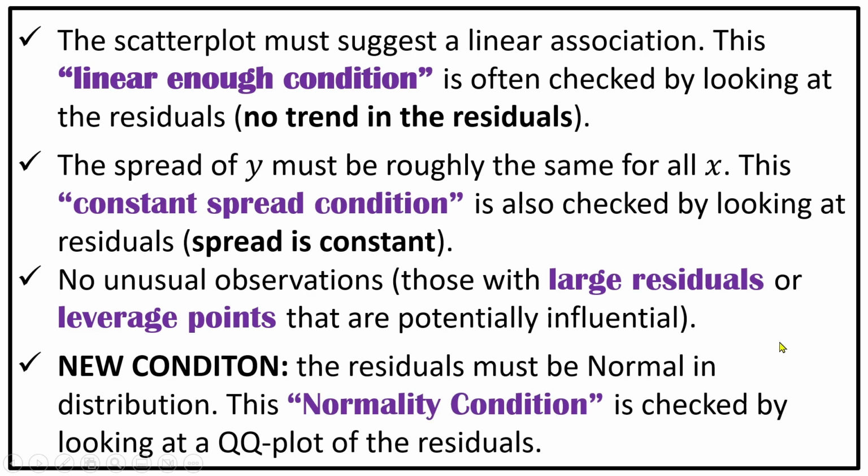And then the new condition, which is something you didn't talk about in 2208, is that the residuals themselves should be consistent with the normal distribution. In other words, there should be evidence that the residuals are normally distributed. That's a key assumption for the model that is required in order for us to make inferences from the regression model.